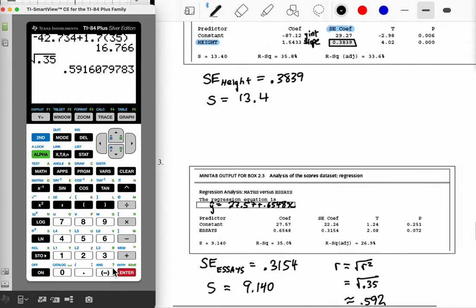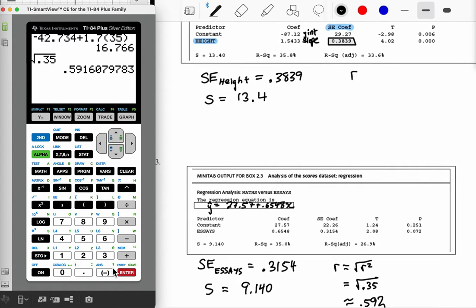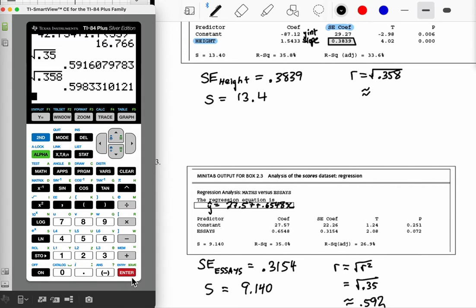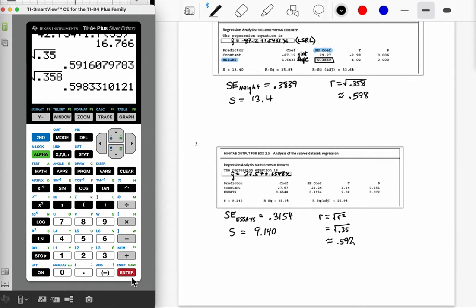So going back to the previous one, R would be the square root of 0.358. So about 0.598. So again, it's not terrible.